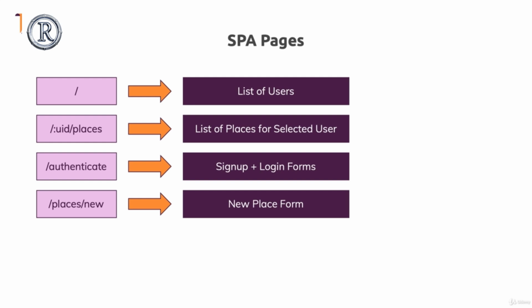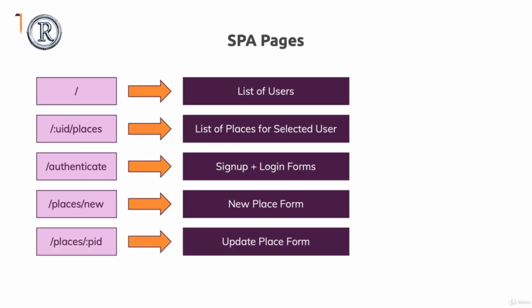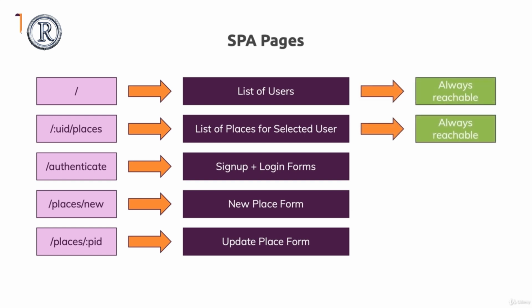In addition, we need a /places/someplaceID route, which leads us to the page where we see the update place forms, so where we can enter the new data for a selected place. Now, on the front end, not all pages are visible all the time. The list of users is always reachable, and so is the list of places for a selected user.